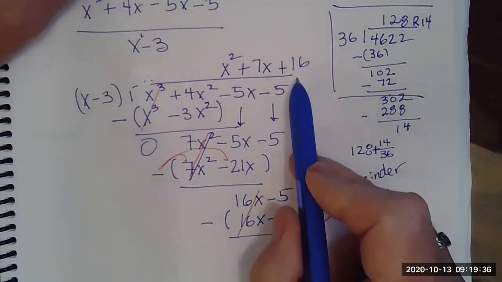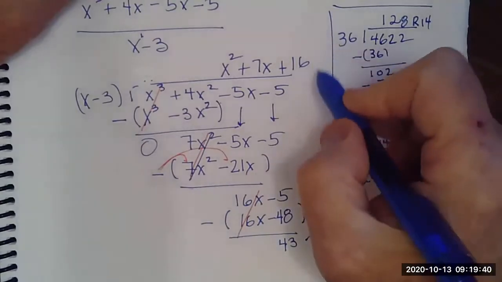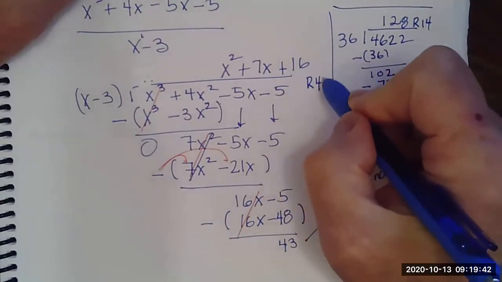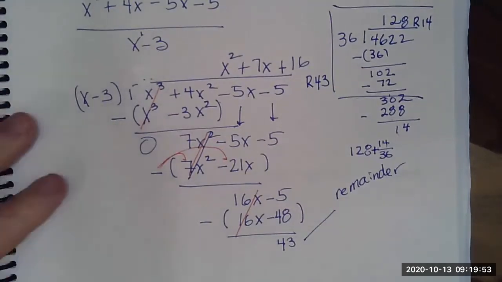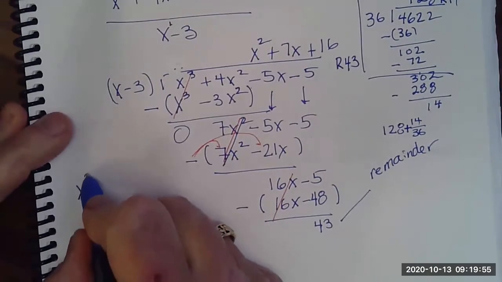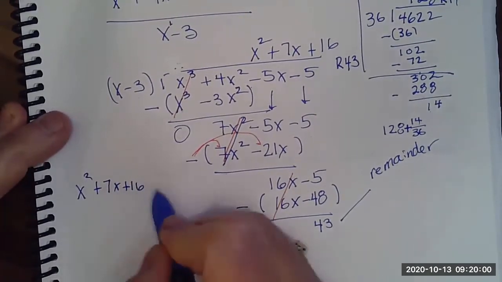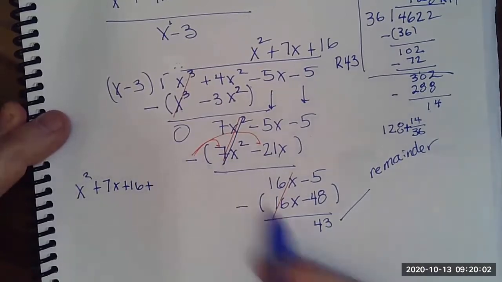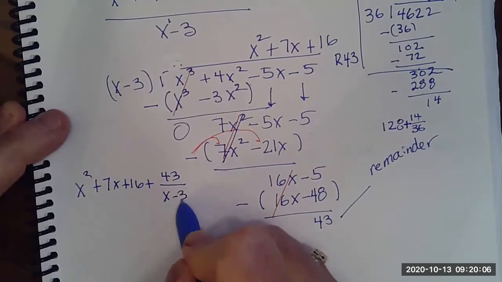So for you, you're going to go x squared plus 7x plus 16. If you said remainder 43, it's not wrong. It's not wrong. But the back of the book and the correct answer on the test is probably going to be x squared plus 7x plus 16 plus, that's a positive, 43 over x minus 3.